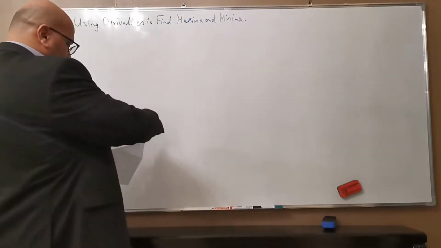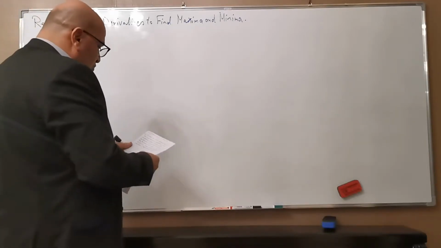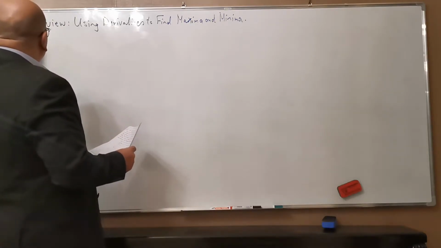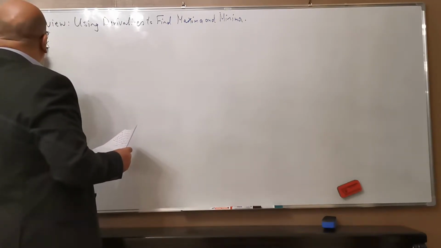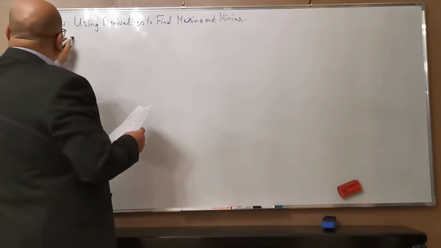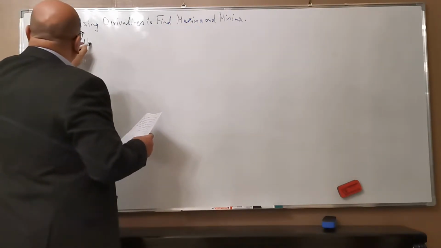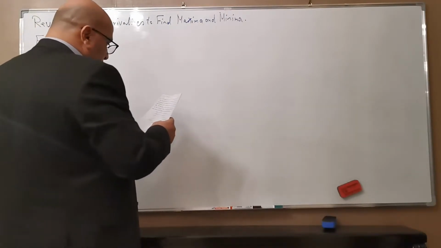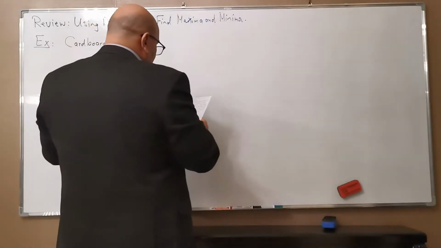We'll do this through two different examples. The first example is that we have a cardboard, and this cardboard has a rectangular shape.